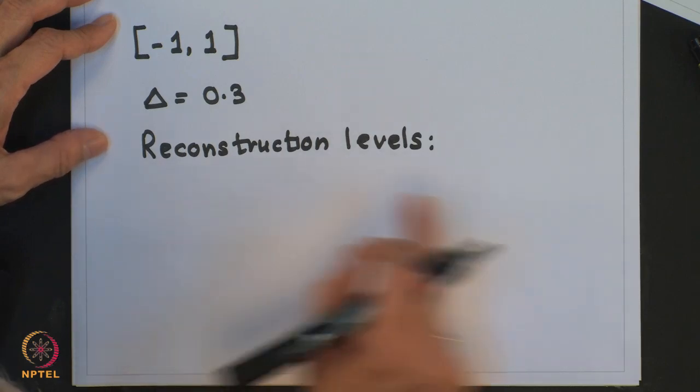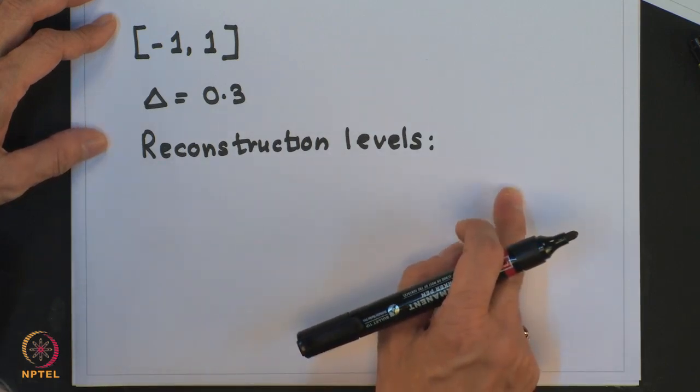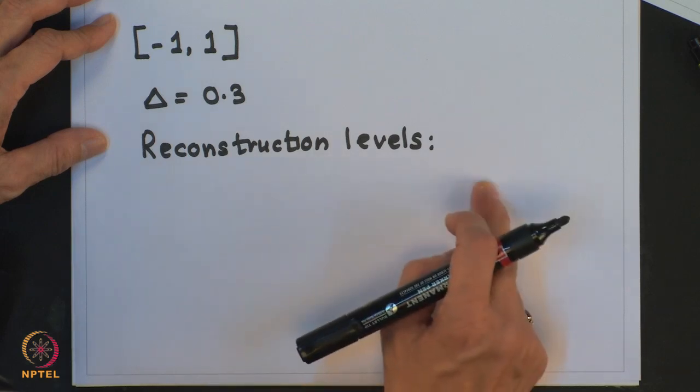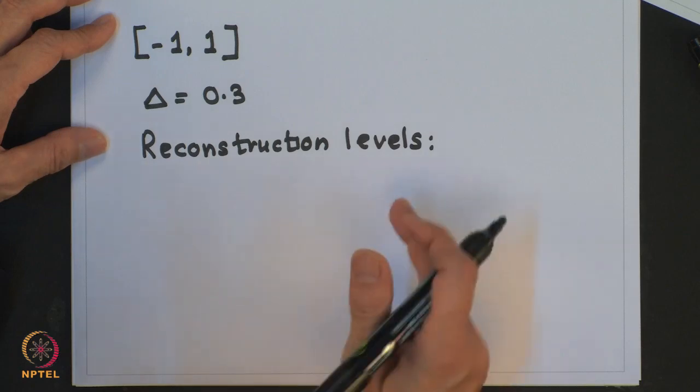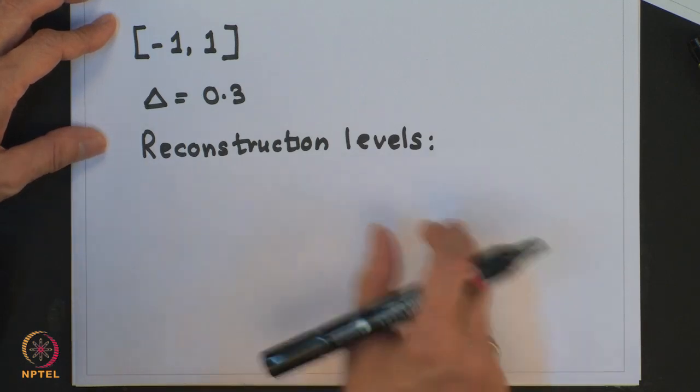So, you will have from 0 to 0.3, first the 0 will be one boundary, the next will be 0.3, next would be 0.6 and like that. So, the reconstruction level will be the midpoint of that.